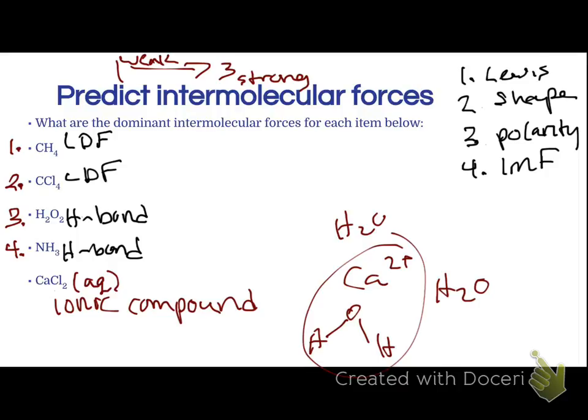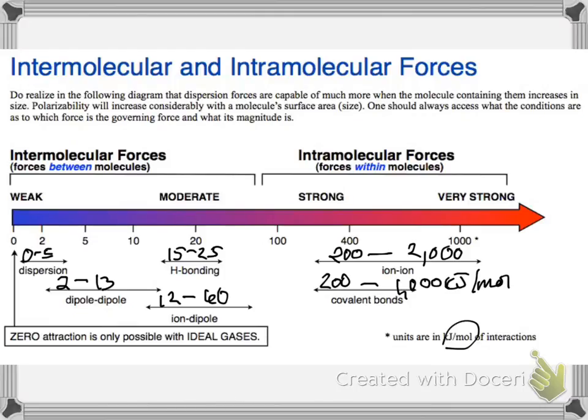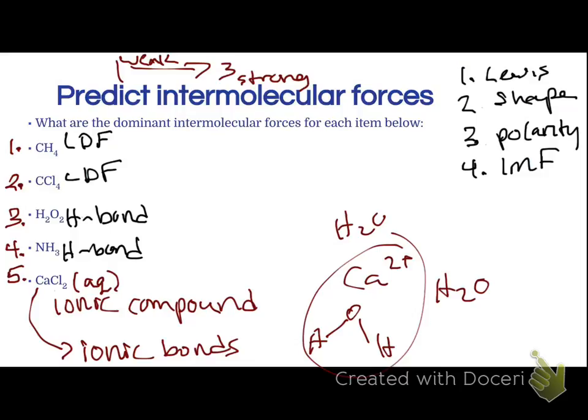If it doesn't say that it's aqueous, then we have to assume that they're really talking about the ionic bonds here. That's what's holding this thing together. And we know that ionic bonds are super strong. So that would be the strongest one in the list. It's also likely to be the strongest one in the list in aqueous solution because we know from our prior diagram over here that ion-dipole interactions tend to be pretty strong, and in particular they're strong when you have really high charges, like a 2+ is pretty high.